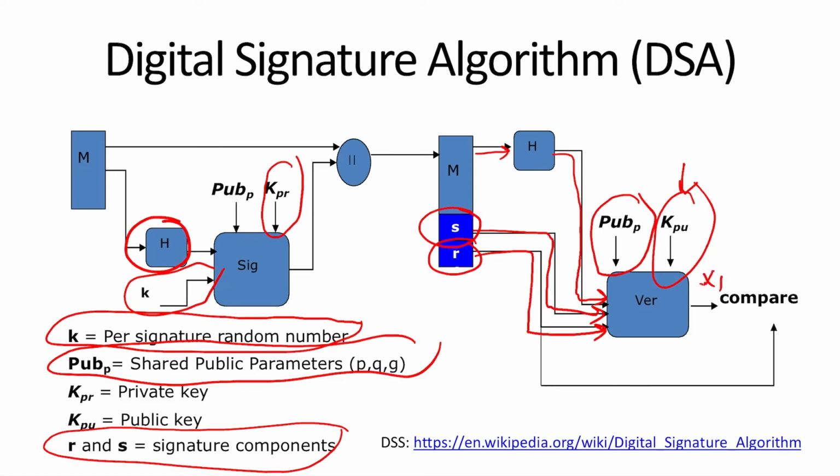The verification algorithm computes a value x1, which is then compared with the value R. If they are both similar, this means the signature is verified. So you can go through this link right here to learn more details about the computation of values R and S and their verification in the digital signature algorithm.